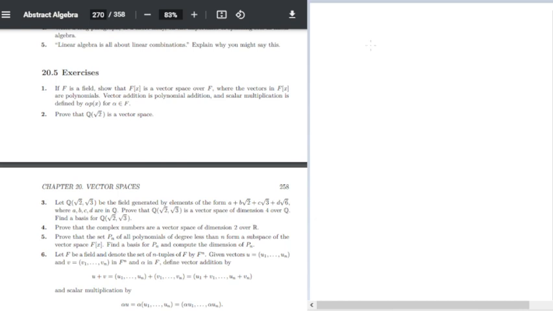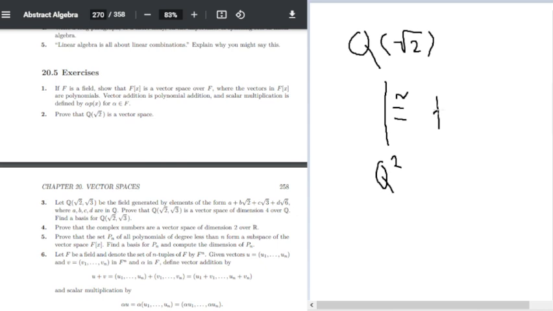A better way to do this: as an abelian group, we have Q adjoin root 2 and an isomorphism to Q squared, given by phi of a plus b root 2 equals (a, b).